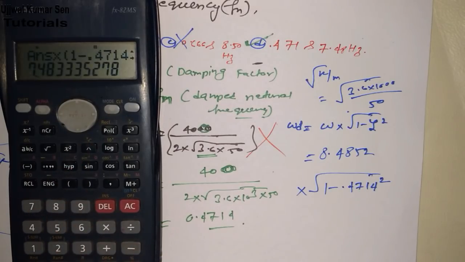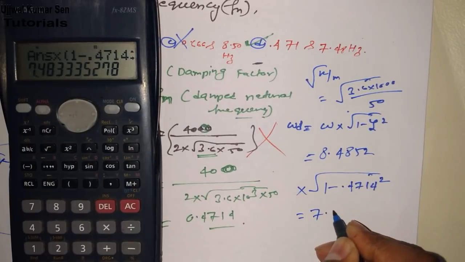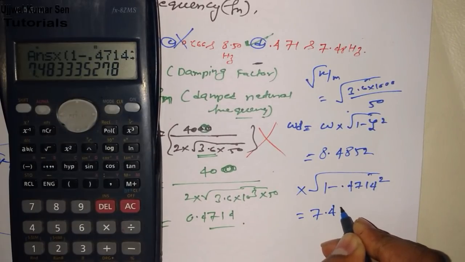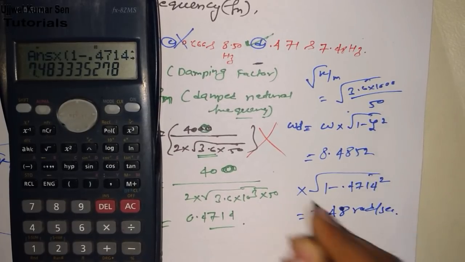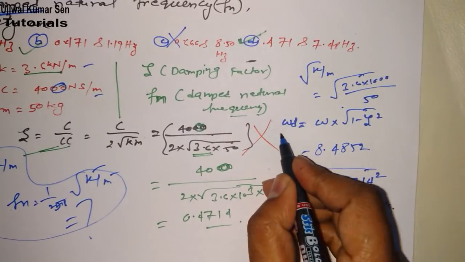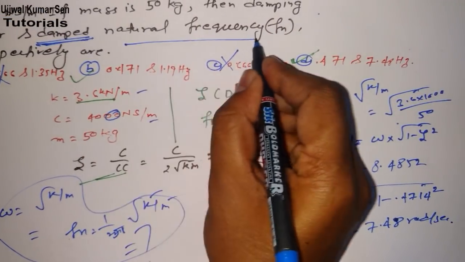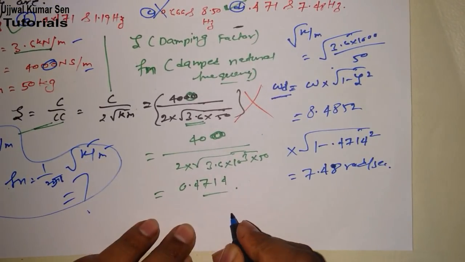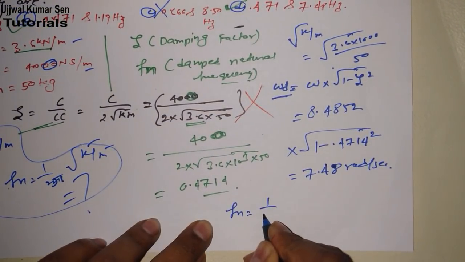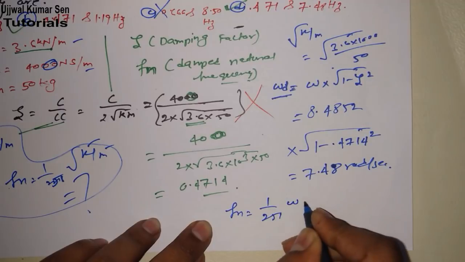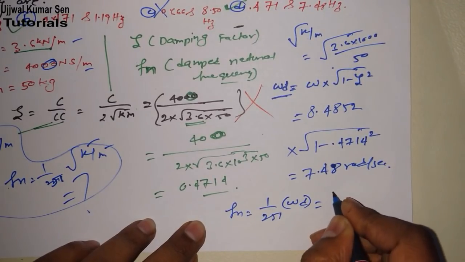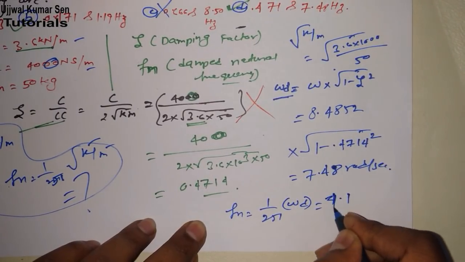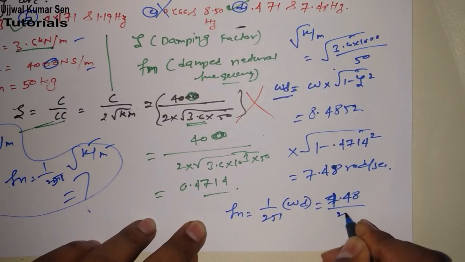So what is the value we are getting? 7.48 radian per second. But again, this is a circular frequency. Again, what do they ask? We have to find the natural frequency. Therefore, Fn is equal to omega d divided by 2 pi. So we have to divide this 7.48 by 2 pi.